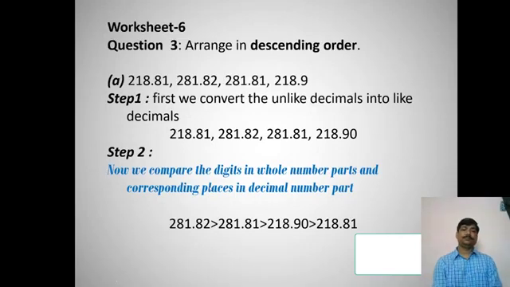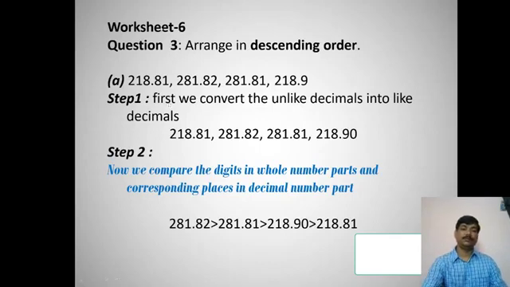Another problem. Here are the numbers 218.81, 281.82, 281.81, 218.9. All these are also unlike decimal numbers.